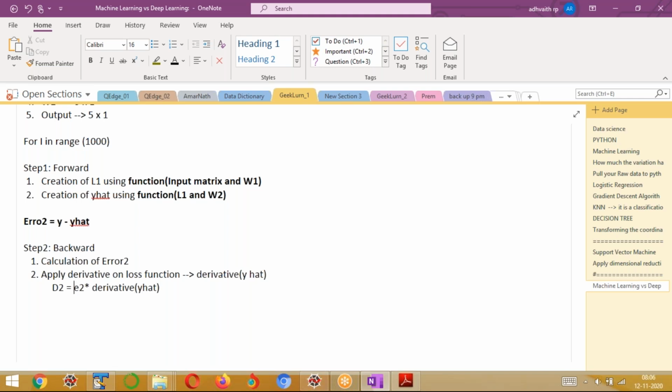Multiplying with your errors gives a D2 value. I'm calling it delta 2. In fact, this will be called delta 2.